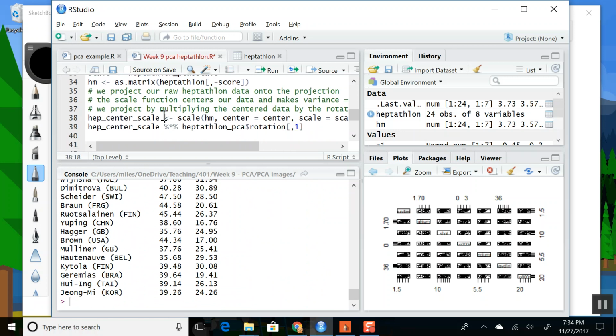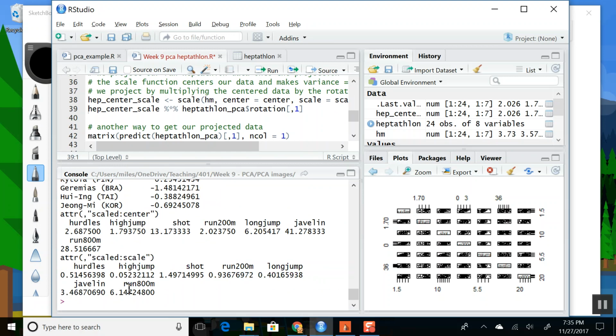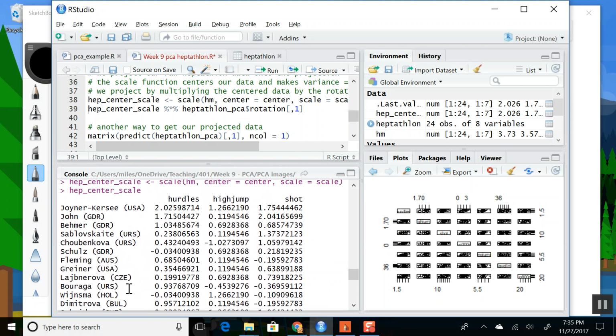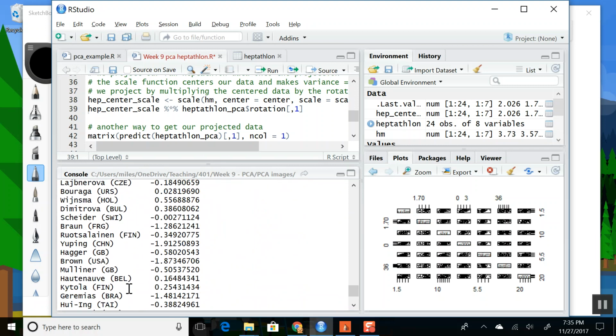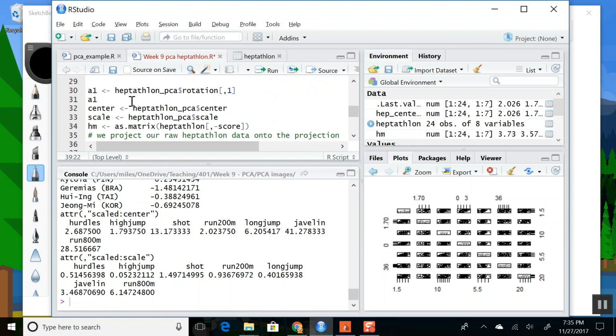Anyway, we apply the scaling. So this is our data after we've scaled it. It's hardly recognizable now, but it's still 7 columns. Then all we do is take our centered and scaled data and multiply it by those loadings.